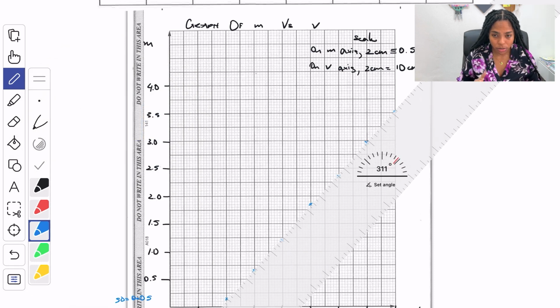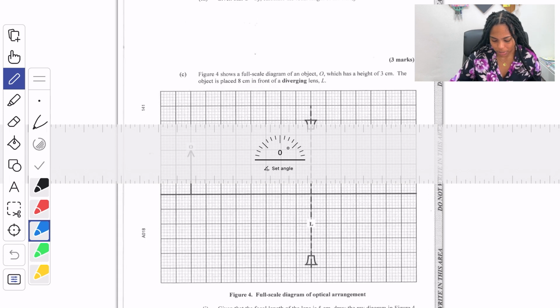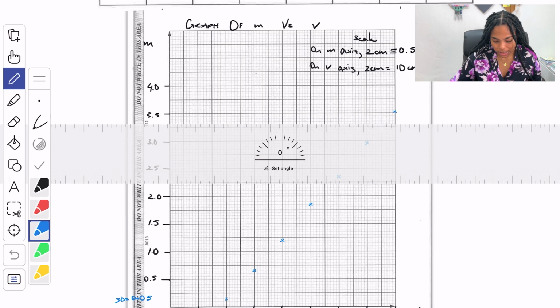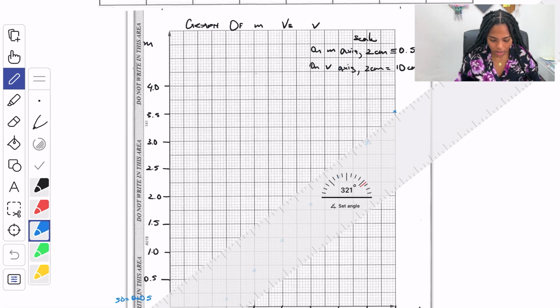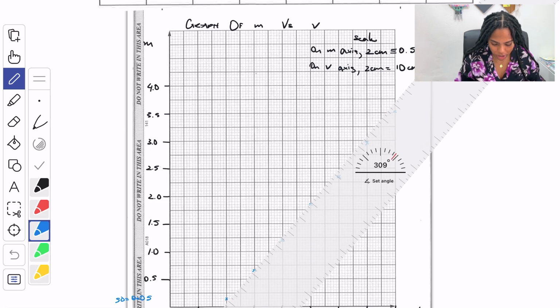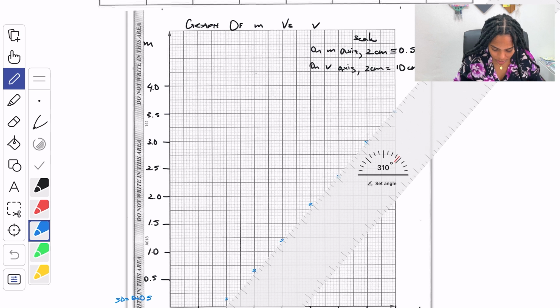But what I could do too is read ahead and see, okay, is there anything that they're telling me that implies anything else? And they're not asking about an intercept or anything like that, so I'm going to assume that I just have to draw my line of best fit here.